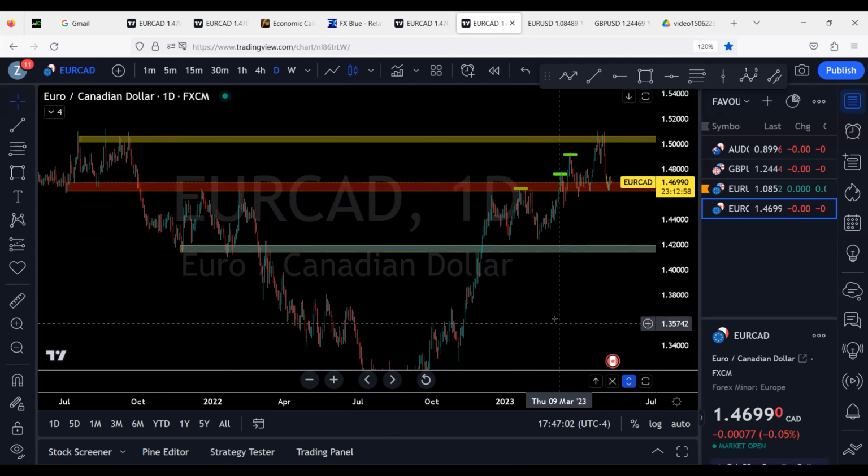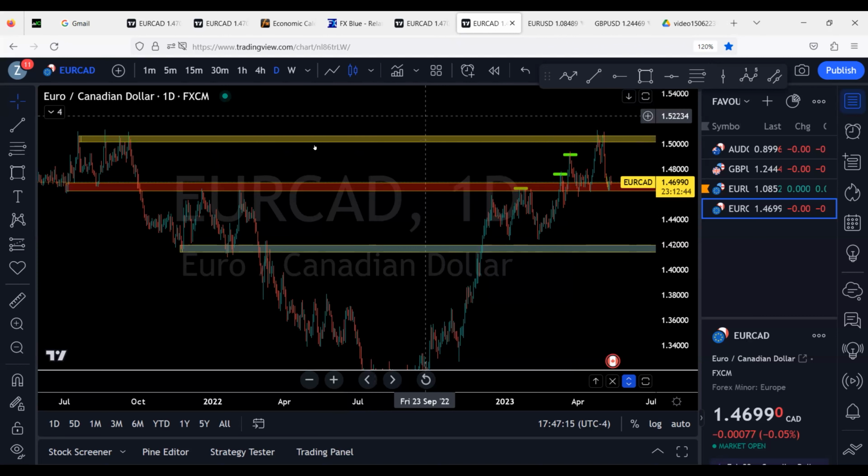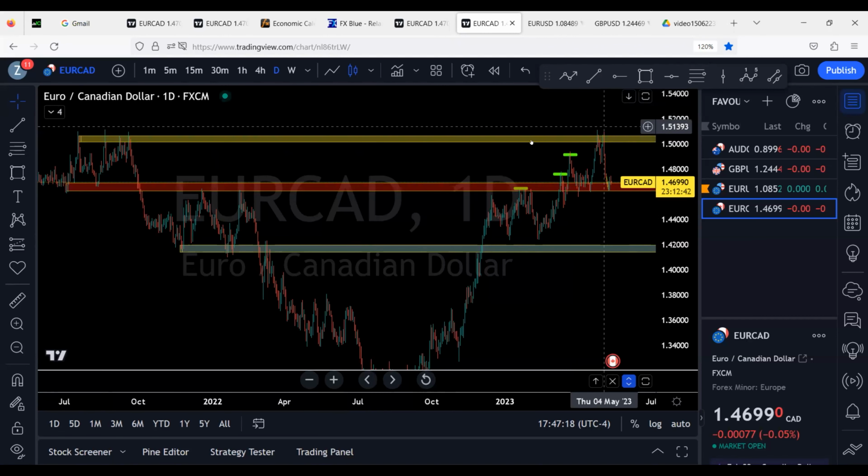Tell me on my first one, my yellow, what criteria was met on that first level? What criteria do we have to make this a good level on my yellow, my first? Drop it in the chat.